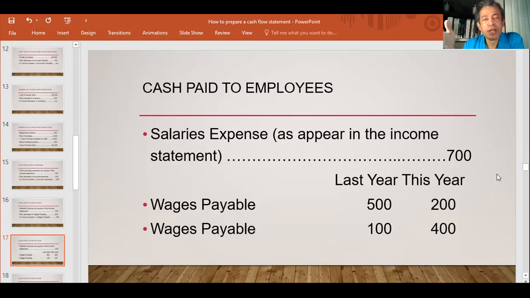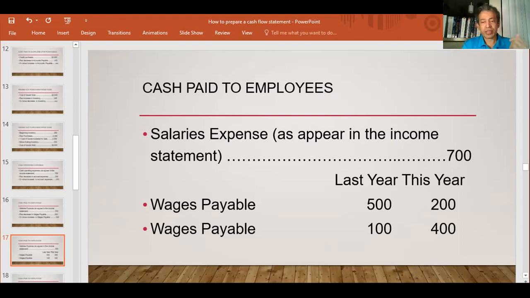So last year was $500, this year is $200. That means it has gone down by $300. So how does a liability go down? Only if you pay. So salaries expense incurred amount is $700, and then I paid some of my old debt, $300. So total cash paid to employees would be $1,000 here.